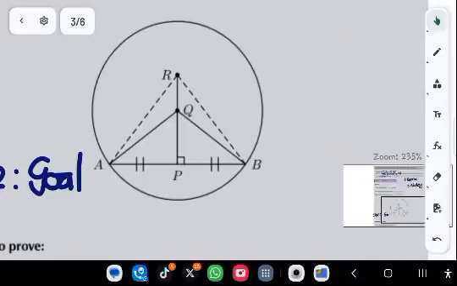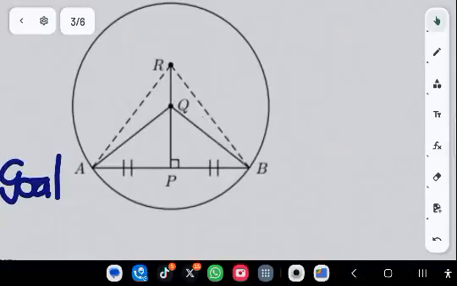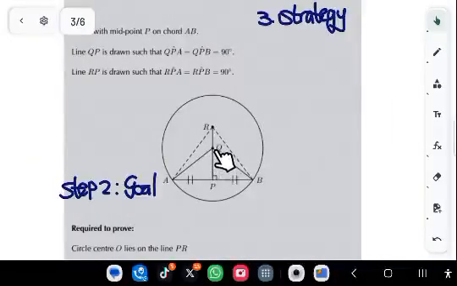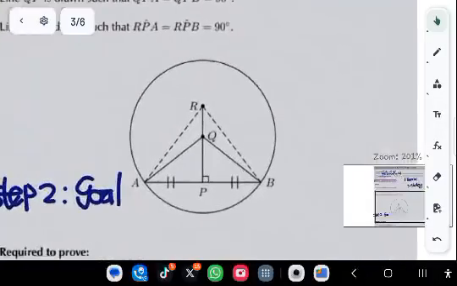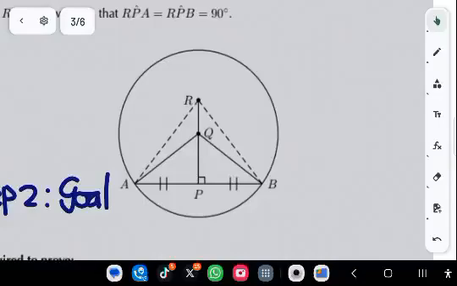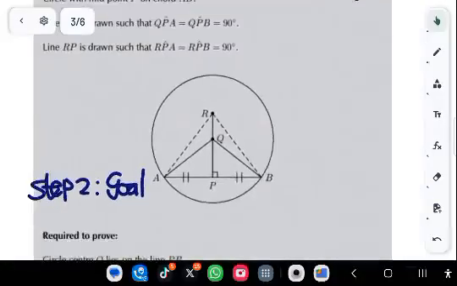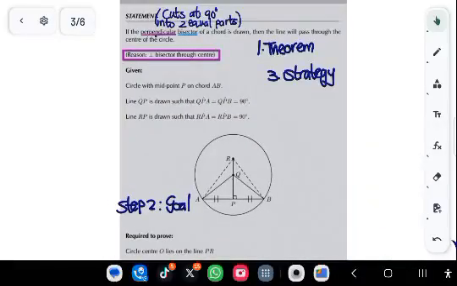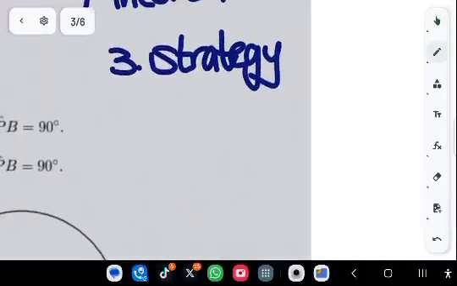That's what we are trying to prove, that these points will be equidistant, meaning that the hypotenuses will be equal. That means the center of the circle will definitely be somewhere on that line, because that's the ultimate point where every point along the circle is equidistant. So if any point on this line RP is equidistant, then one of those points will have to be the center of the circle. That's the whole strategy. So let's start.